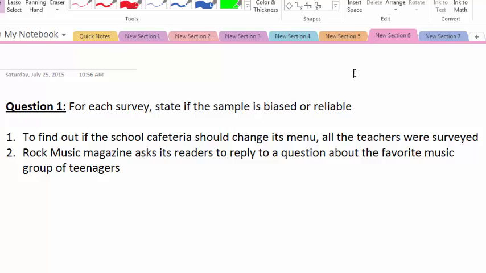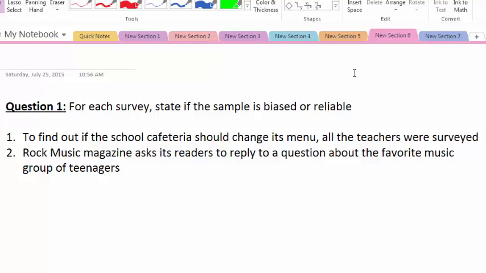For each survey, state if the sample is biased or reliable, and we have case number 1 and case number 2. So let's start with case number 1. To find out if the school cafeteria should change its menu, all the teachers were surveyed.